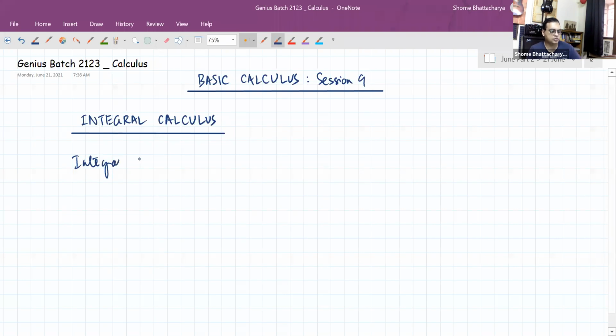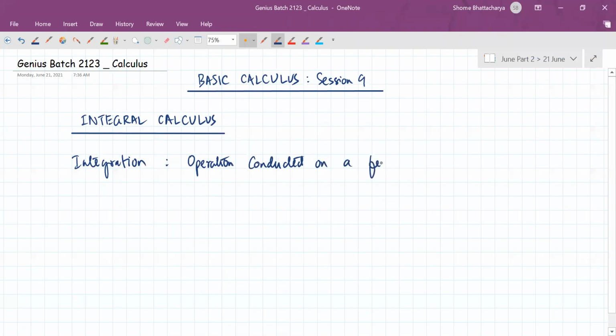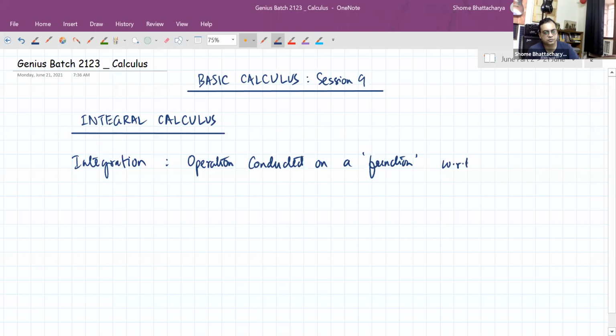So integration, it is again an operation that is conducted on a function with respect to its variable. So there are two types of integration, or two types of operations in integration.